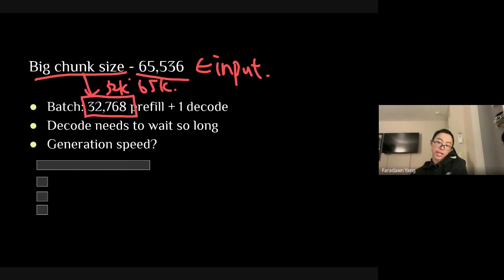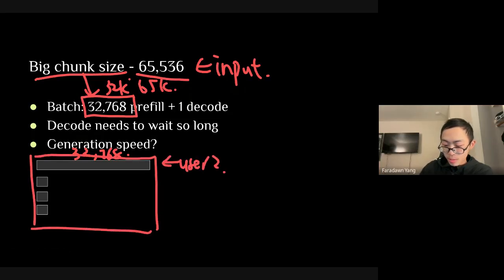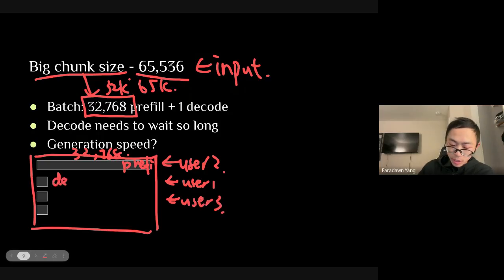So now what happens if we have a big chunk size? Now the chunk is 32768. In this batch, we have user 2's prefill request, also user 1 and user 3's ongoing decode.